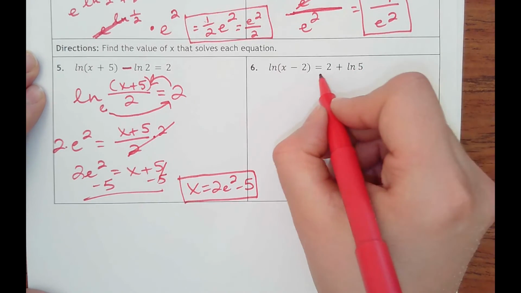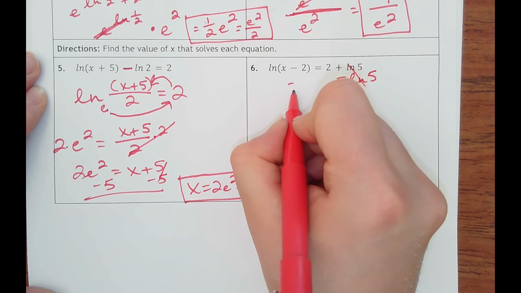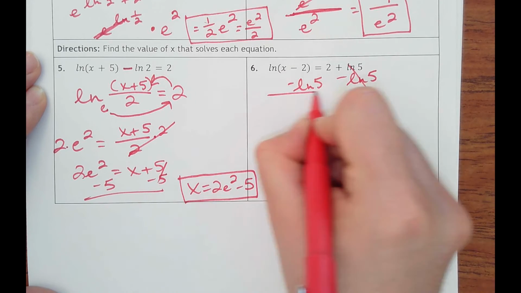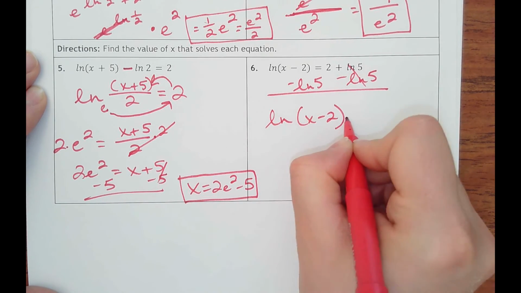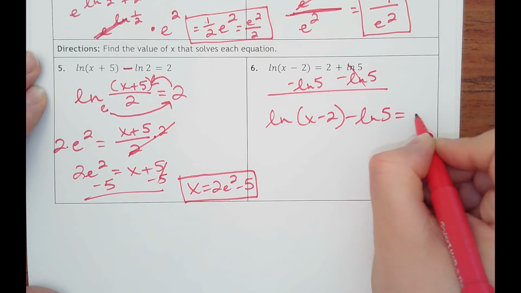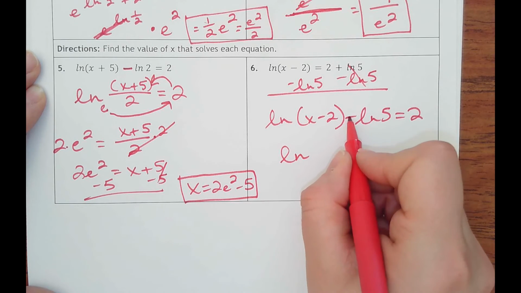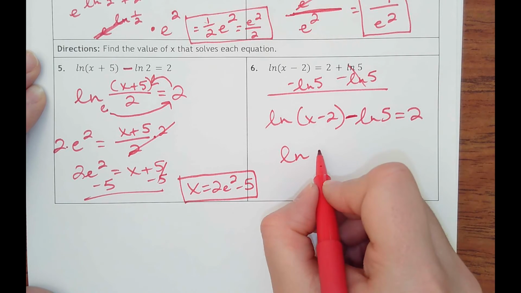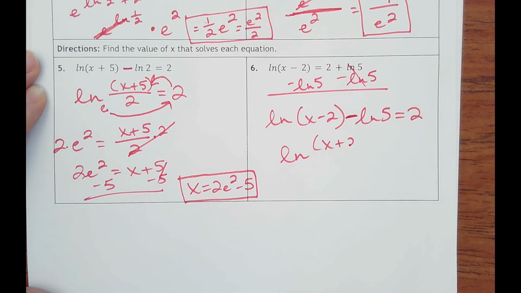Number 6, you do not have natural log on both sides, so I'm going to subtract it. It's weird, these numbers are almost the same as the other one. So we've got natural log of x minus 2 minus natural log of 5 equals 2. Put them together into a single log with division. Oh, x minus 2.